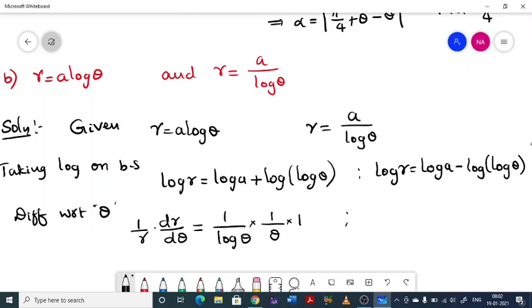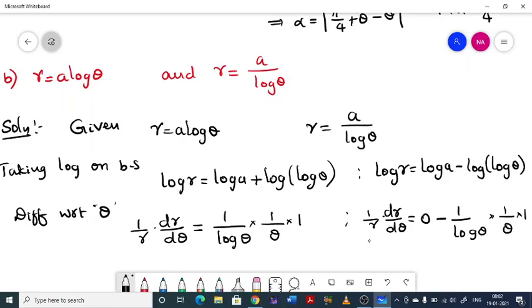Similarly this side, 1 by r into dr by d theta equals log a, 0, minus 1 by log theta into 1 by theta as usual into 1.